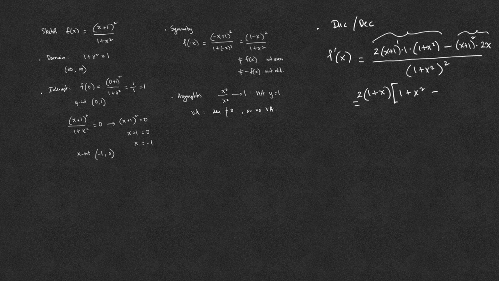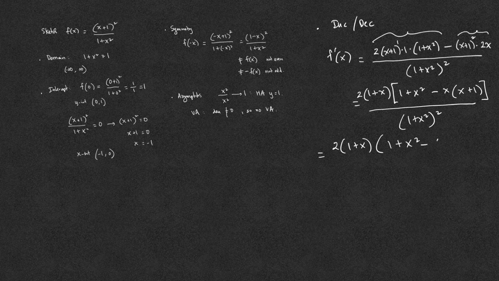We factored out 2 already, so there's still 1 x and x plus 1. The denominator is still 1 plus x squared squared. This is 2 times 1 plus x times 1 plus x squared minus x squared minus x, over the denominator 1 plus x squared squared.